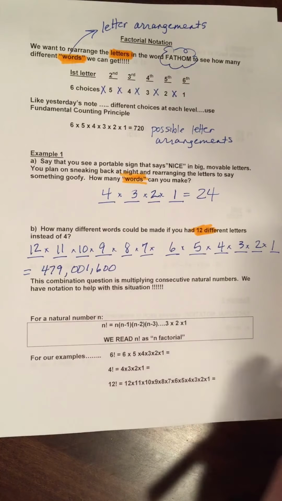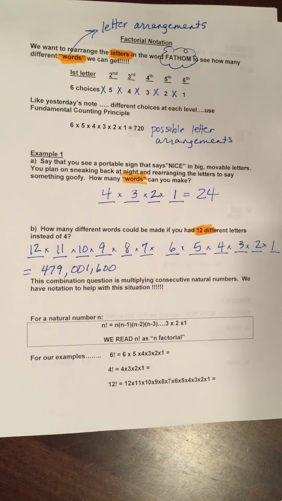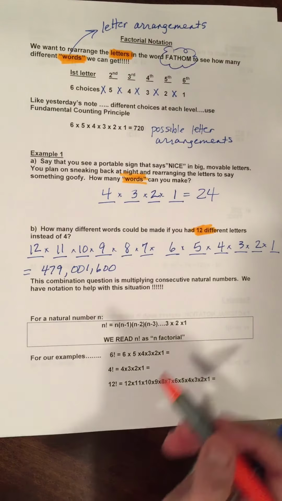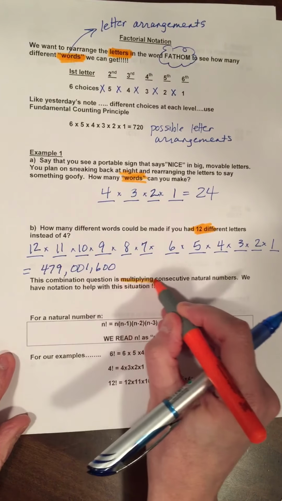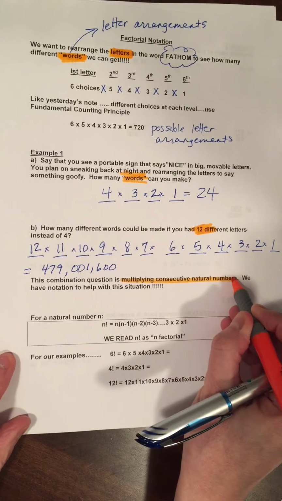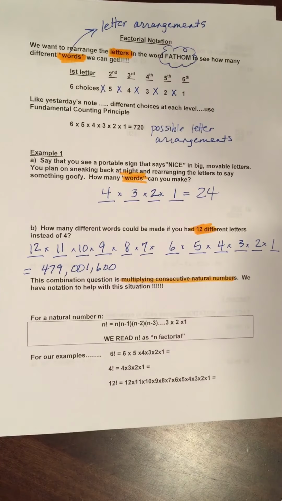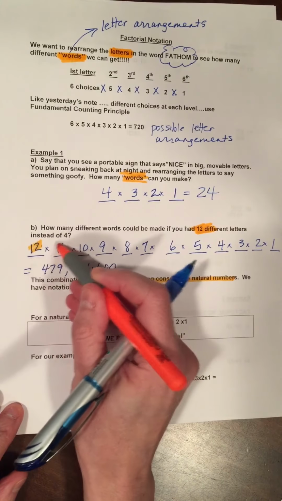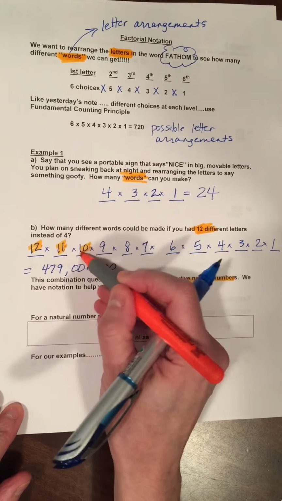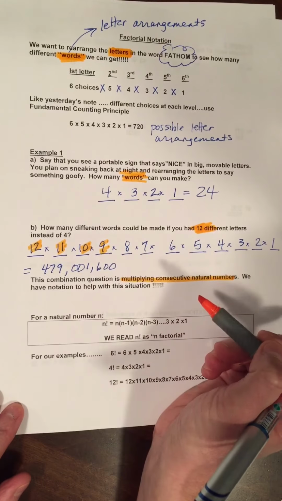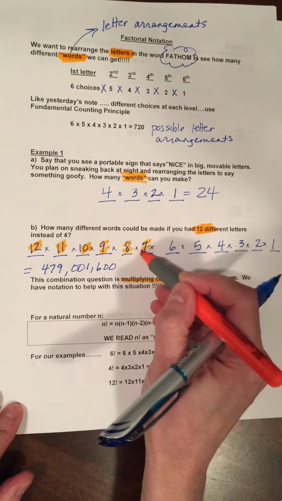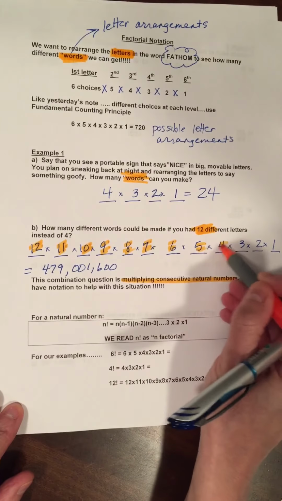Notice what's happening in both of these examples. You're actually multiplying consecutive natural numbers, natural being numbers with no decimals. That's what's being multiplied.